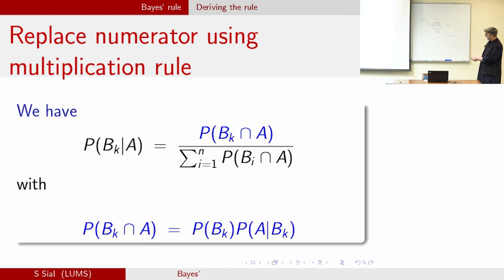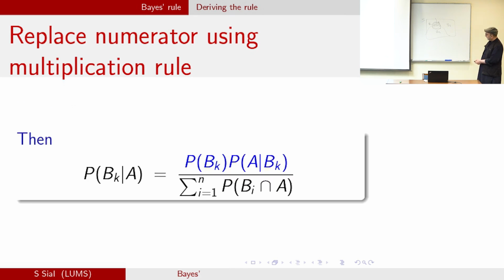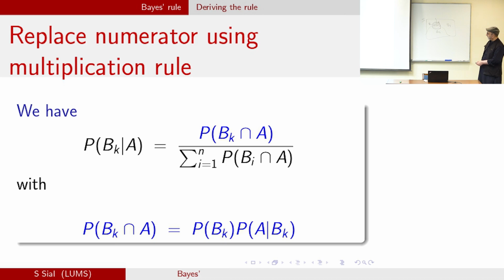So I'm going to replace this numerator by this different way of writing the numerator. And now we have, on top, probability of BK times the probability of A given BK divided by this probability of A. Yes? Yeah. So we're going to rewrite the bottom here.